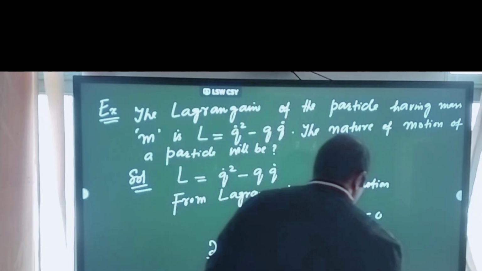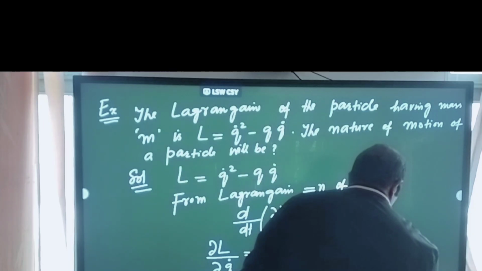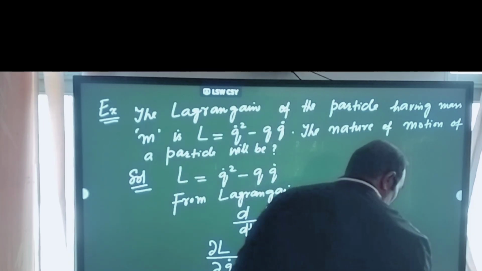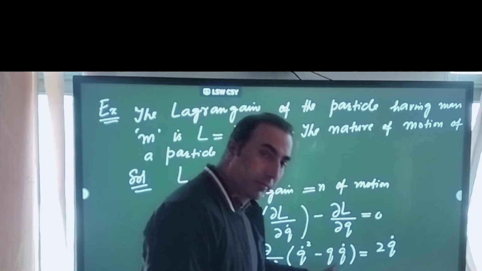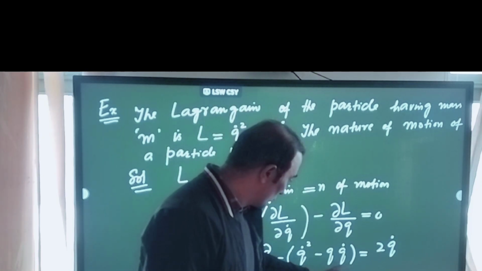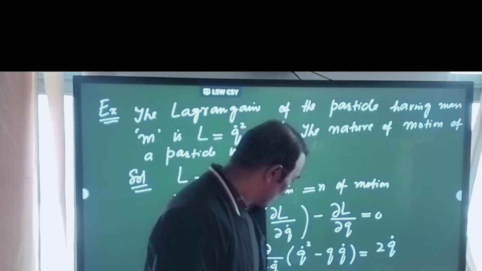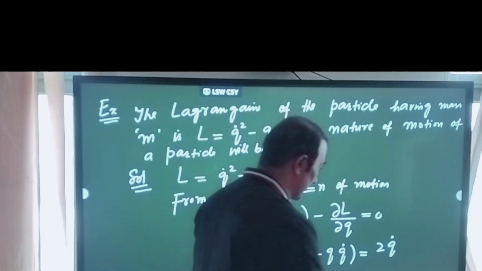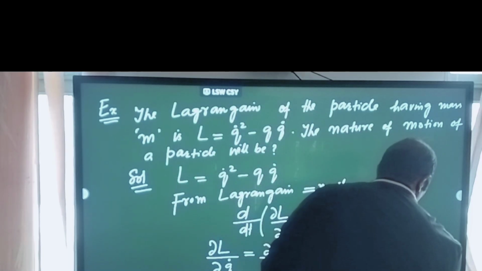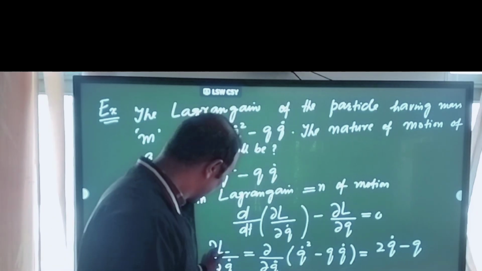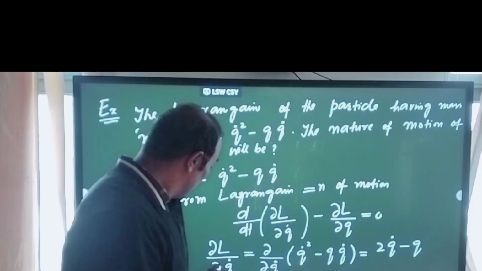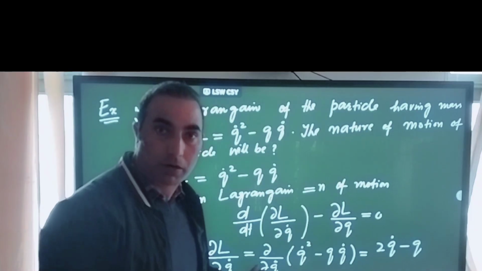So that means this will be equal to twice q dot. Okay, and the second term यहाँ पे होगी, because this is partially, so you can take that with respect to that q dot, तो यहाँ पे q आएगा, so that is minus q. So this was the value of, तो ये हमने क्या कैलकुलेट किया? हमने कैलकुलेट किया that partial L upon partial q dot.